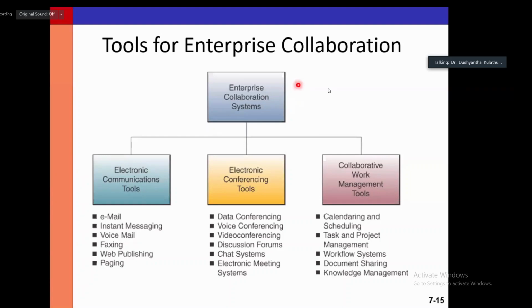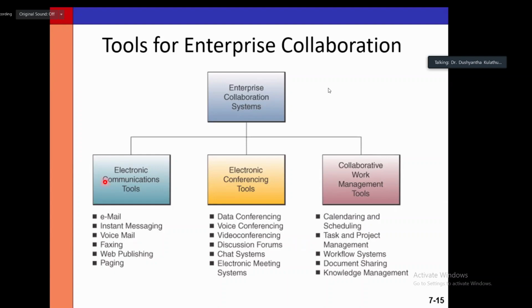But in general, enterprise collaboration systems may consist of these types of tools, enabling them to communicate with each other easily and effectively, and also coordinate their activities, plan their activities, and determine the success of their activities, and also to ensure overall collaboration of work between the members in the particular team.